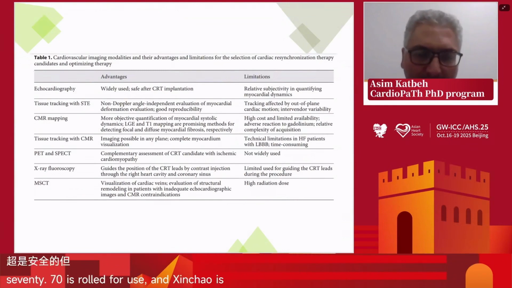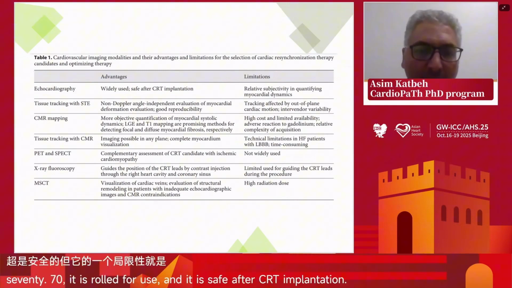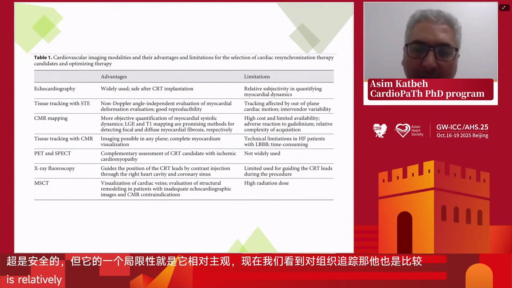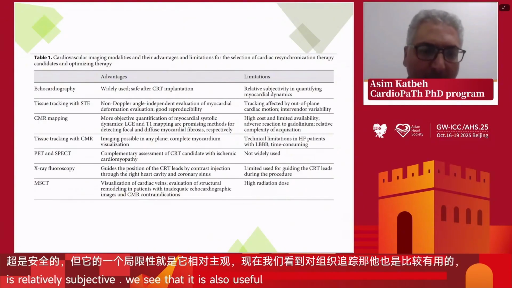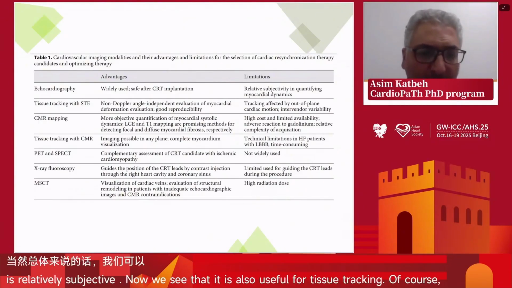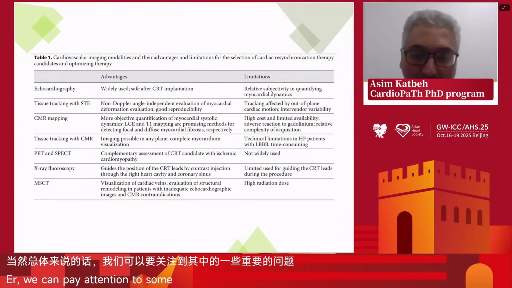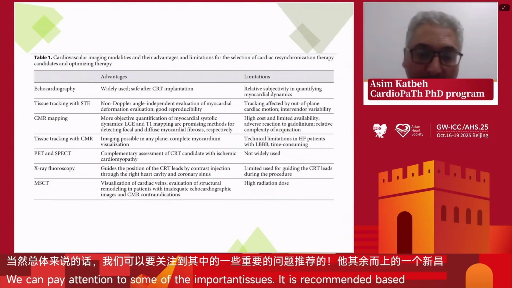CMR is very useful to detect focal and diffuse myocardial fibrosis, but it has high cost and limited availability. Multi-slice CT helps us visualize cardiac veins and evaluate structural remodeling in patients with inadequate echocardiography images and CMR contraindication, but the limitation is the high radiation dose.